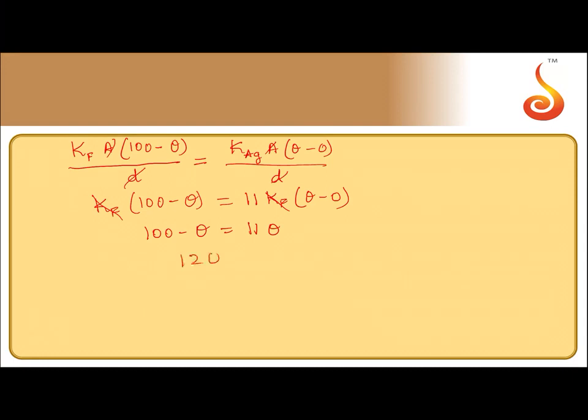So 12 theta is equal to 100. So theta is equal to 100 by 12, that is 8.3 degree Celsius. That should be option D.